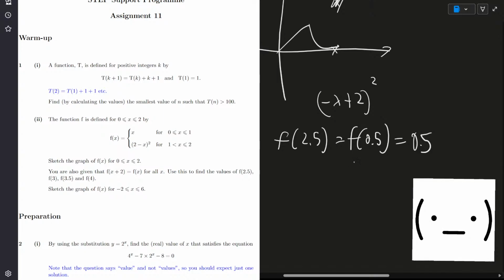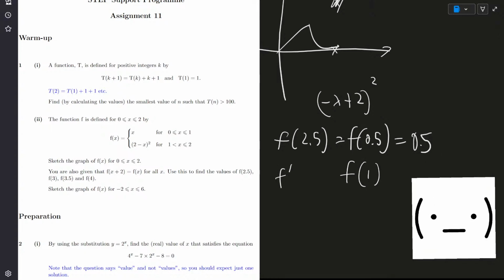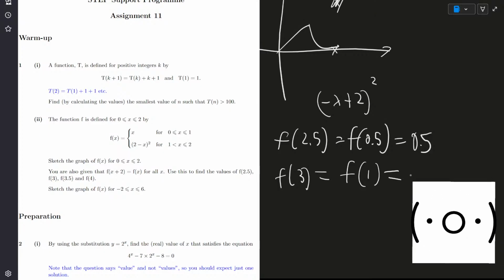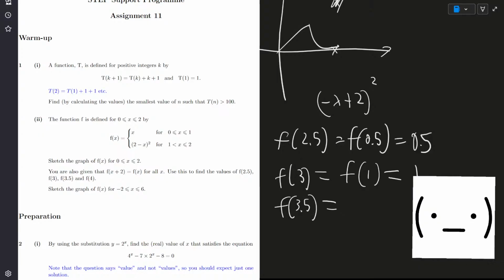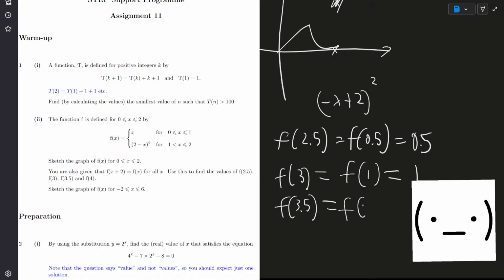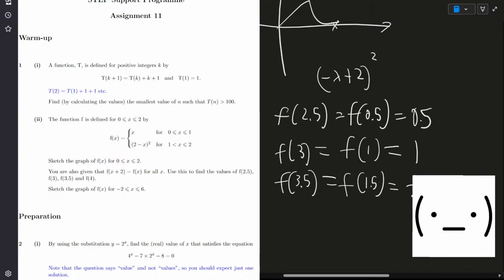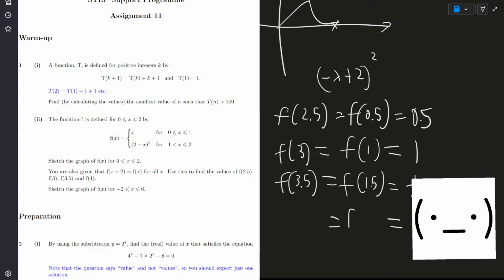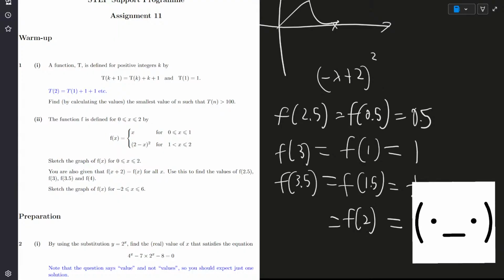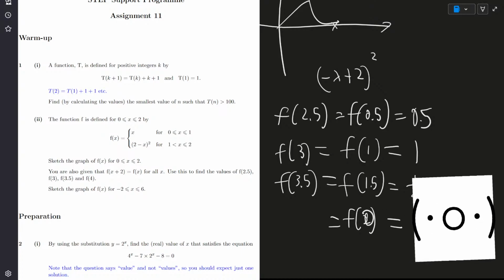Lovely. Same applies here. That's 1. 4. That's a 0, and that's a 0.